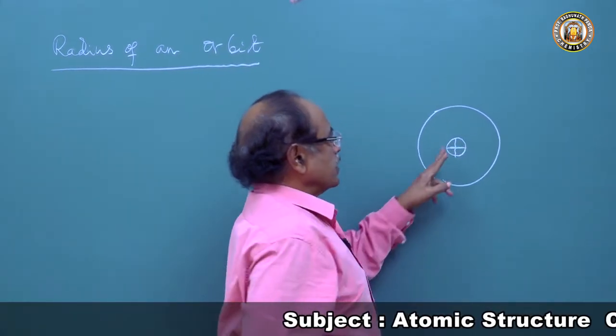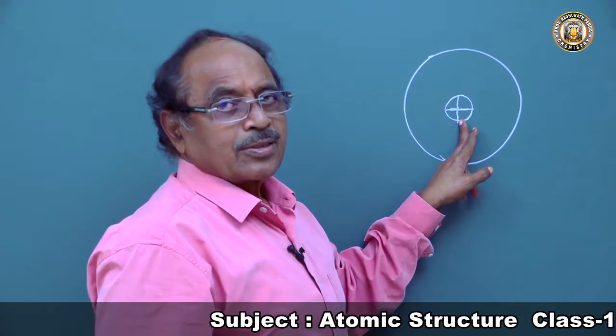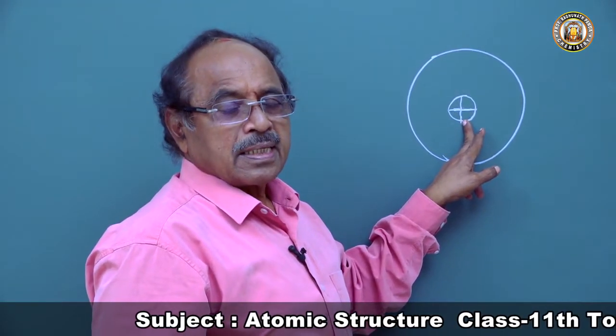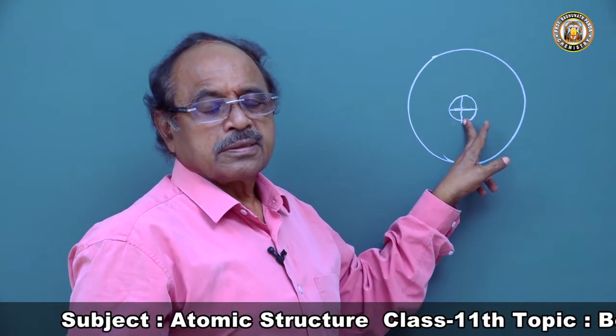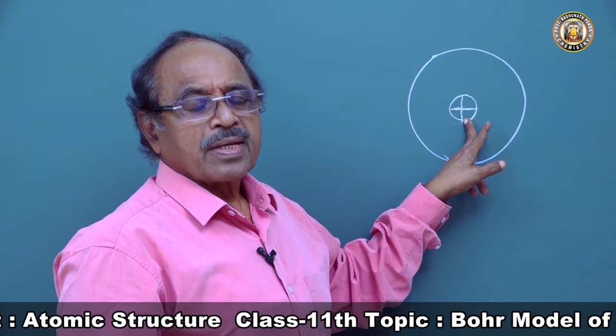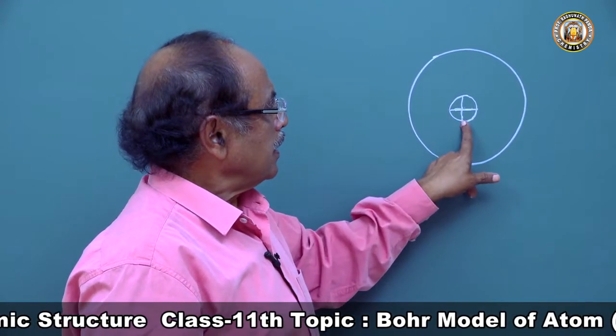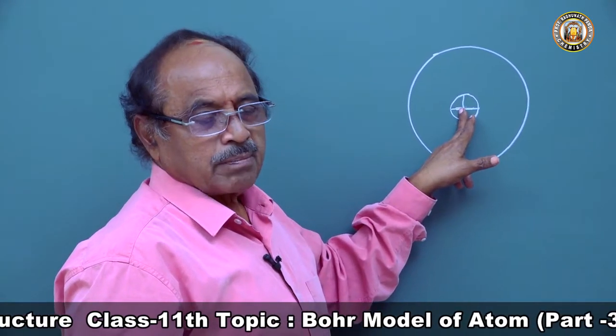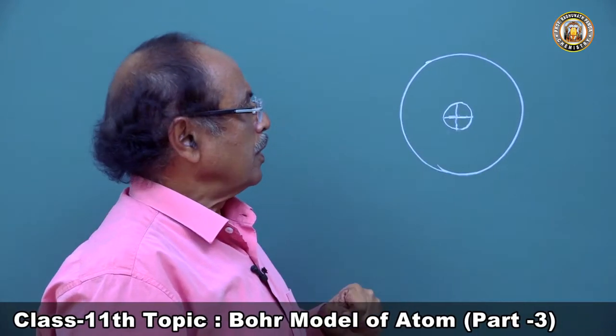The nuclear charge is equal to the atomic number. Atomic number is the number of protons present in the atom of an element. Hence, the nuclear charge is equal to the atomic number equal to number of protons.